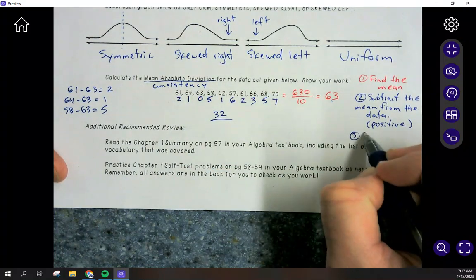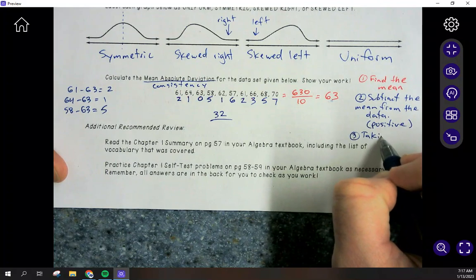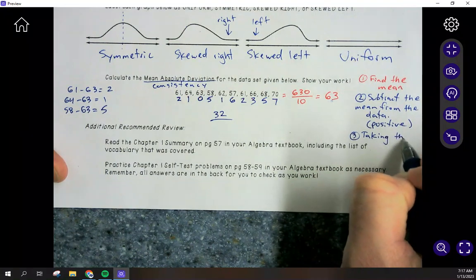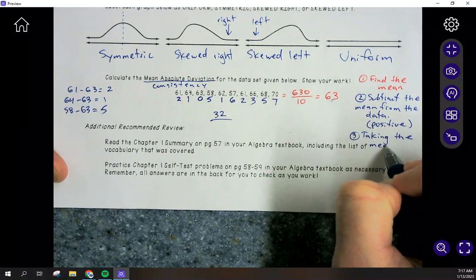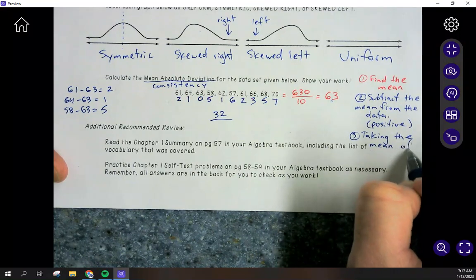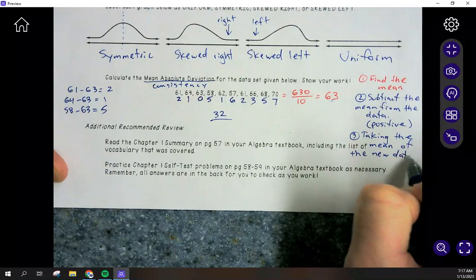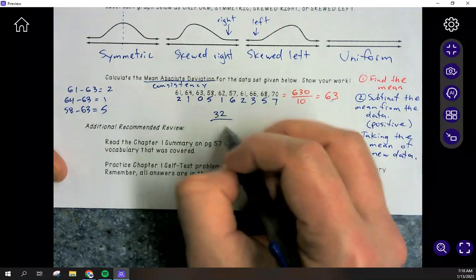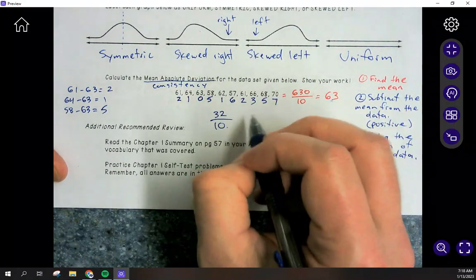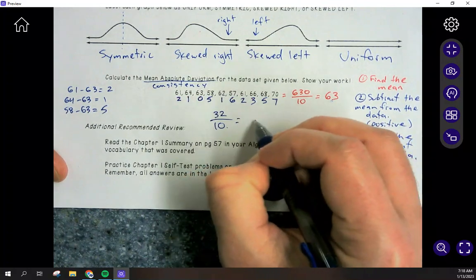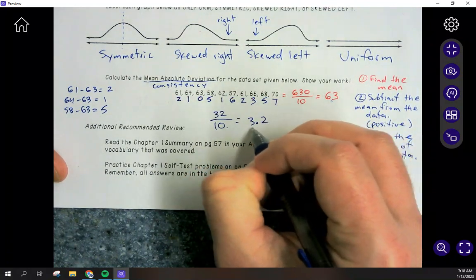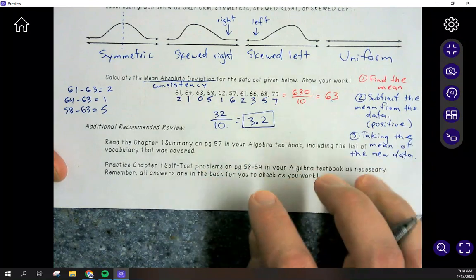So you're basically taking the mean of the new data. So 32 divided by 10 is 3.2, and that is the mean absolute deviation.